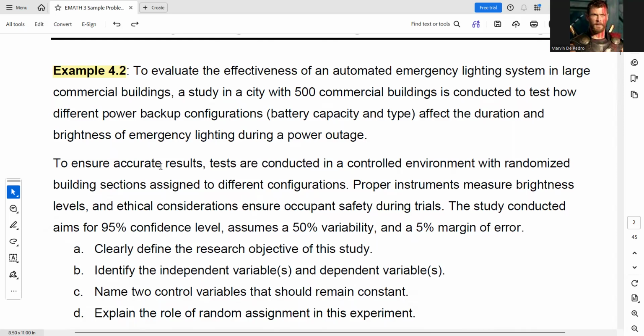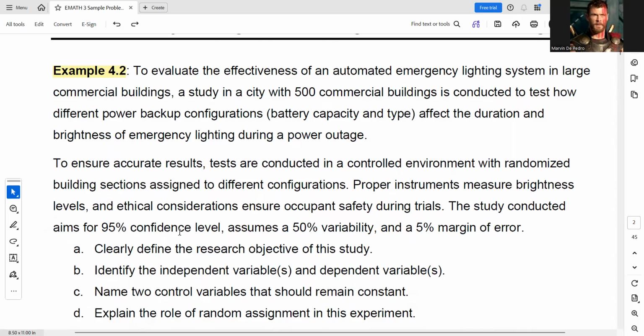To ensure accurate results, tests are conducted in a controlled environment, meaning we're going to have an experiment with randomized building sections assigned to different configurations, and proper instruments measure brightness levels and ethical considerations ensure occupant safety during trials.